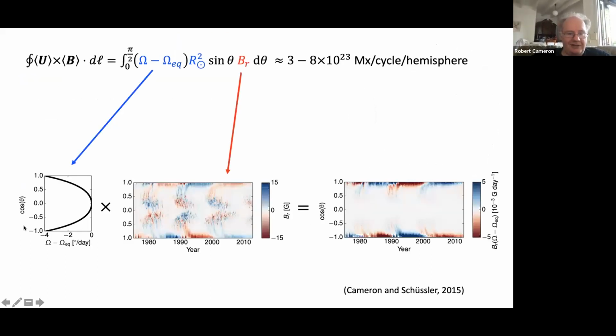It's differential rotation times surface radial magnetic field, and this gives us the integrand, which we then integrate between 1 and 0, so across the northern hemisphere. And this is where we get the generation by the large scale axisymmetric field and flow of 3 to 8 times 10 to the 23 Maxwells per cycle per hemisphere.